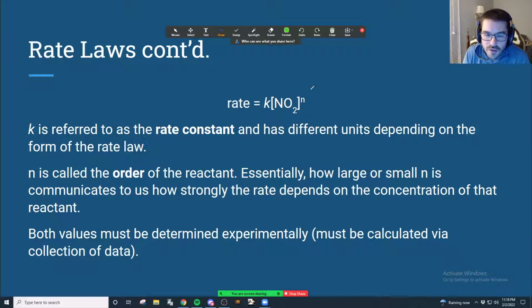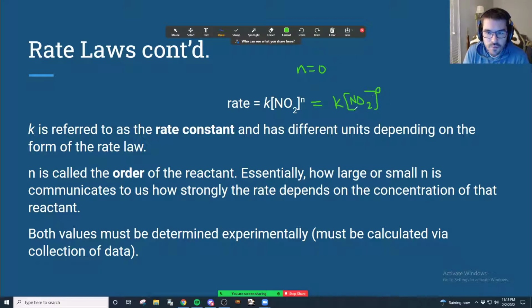All right. So let's say that n is equal to 0. That means that the rate would be equal to k times the concentration of NO2 to the 0th power.